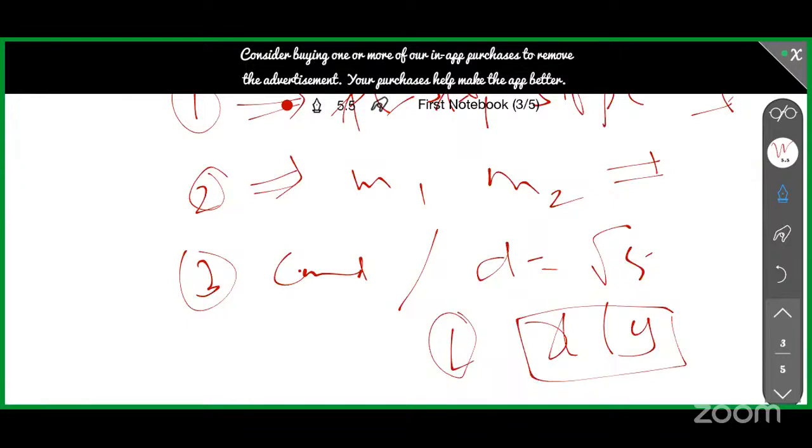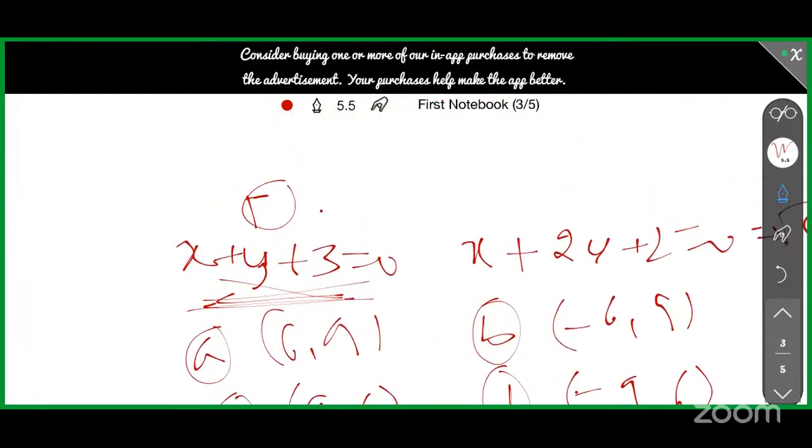Substitute that into the distance formula and evaluate. Then you will get one value, either x or y. Then put that into the equation to get the other value. Then you will get the coordinates.